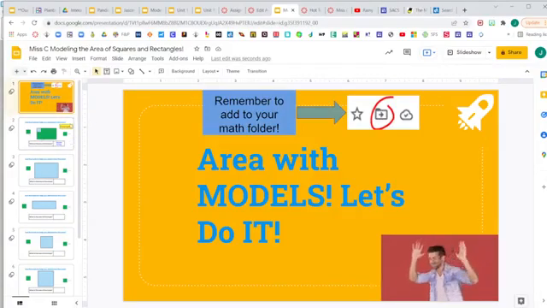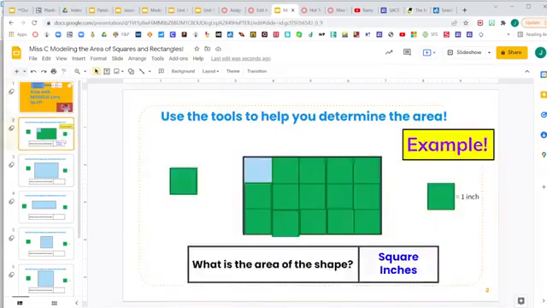Okay, so we are going to be practicing measuring the area of some different rectangles and squares in this part of your rotation. So we're going to first talk about what area is and how we find that using a model or a picture.